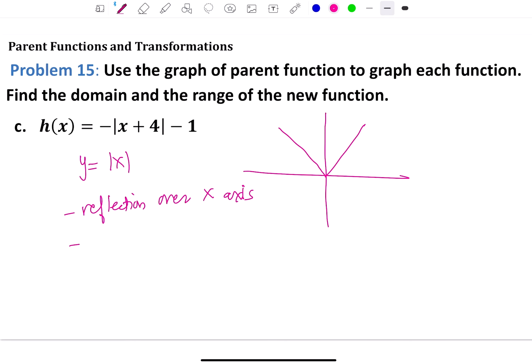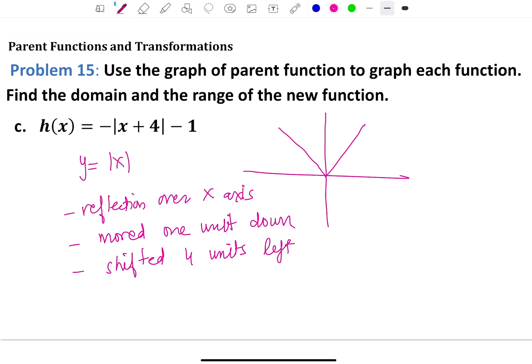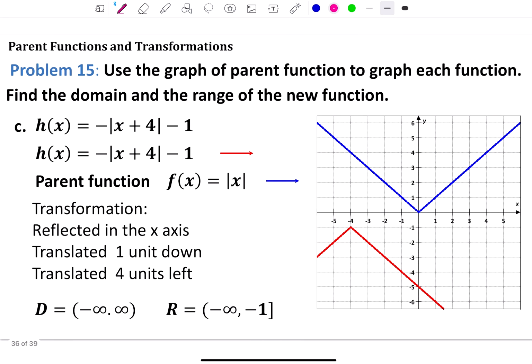We have moved 1 unit down, and we have our graph shifted 4 units to the left. So reflection over the x-axis, moved 1 unit down, shifted 4 units left. And this is how the red graph will be our new graph.